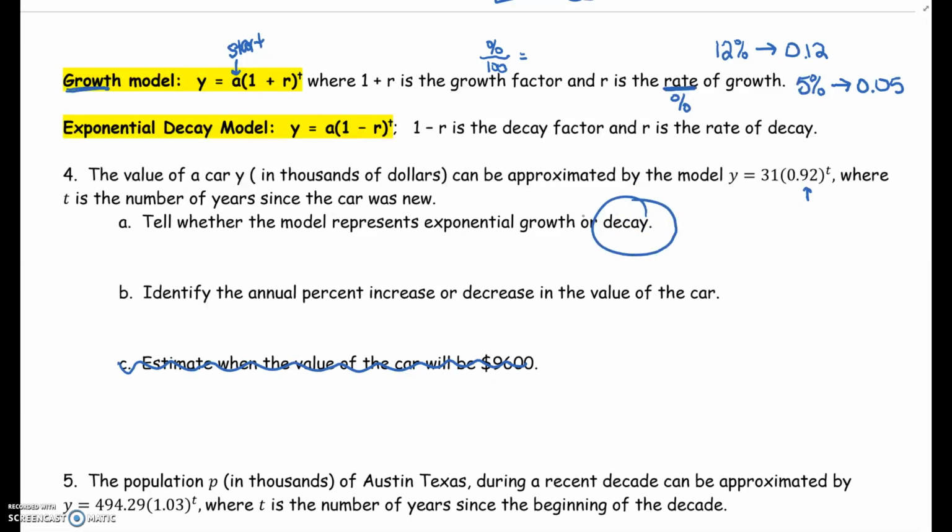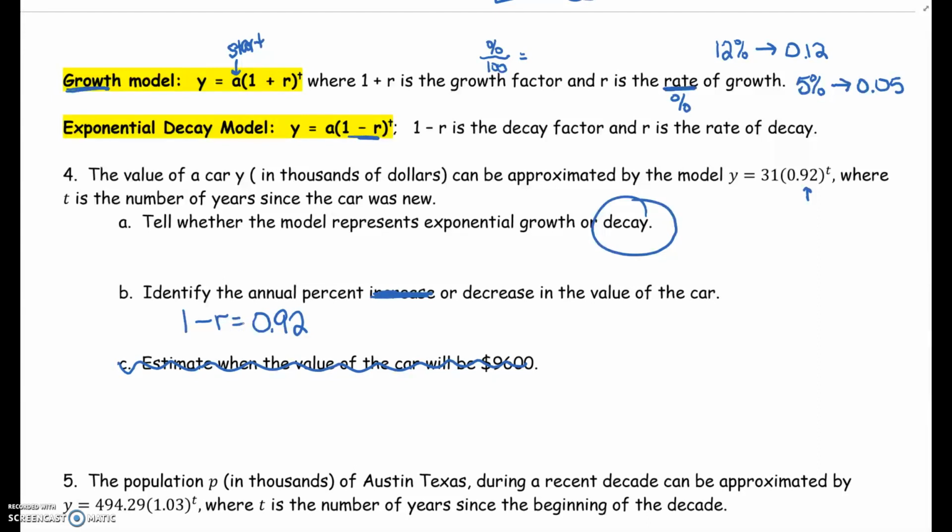Identify the annual percent increase or decrease. Well, we're not going to do increase because this is a decay. This is the kind of tricky part. So 0.92 is the decay factor, but we want the actual percentage that was used. That 0.92 is inside the parentheses. That came from 1 minus the rate. 1 minus r gave us 0.92.